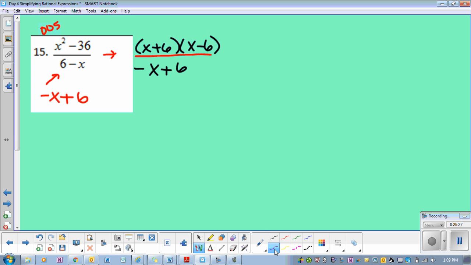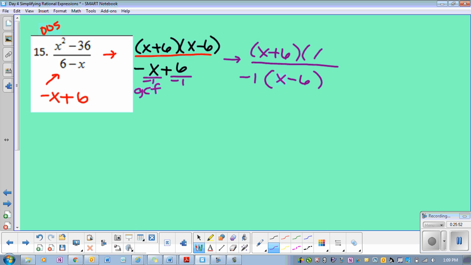Let's GCF factor this. I just dosed the top because we're all pretty familiar with those. And then down at the bottom here, negative 1. Well, if I take out the negative 1, then now it's x minus 6 inside the parentheses, right? Because you're dividing everything by negative 1. So up at the top, still x plus 6, x minus 6. What can be canceled? X minus 6.